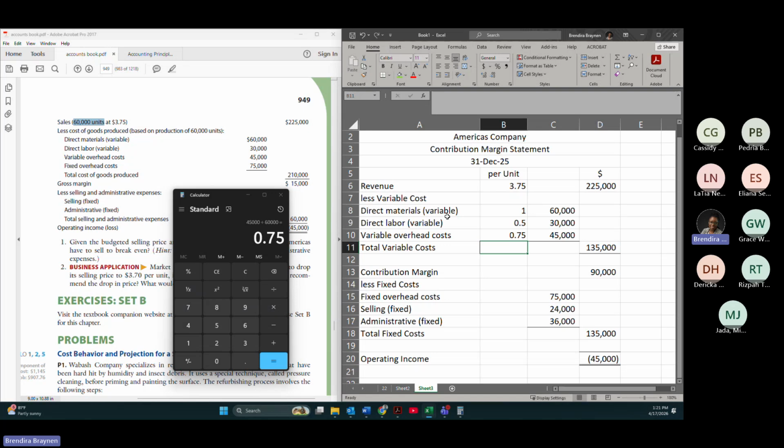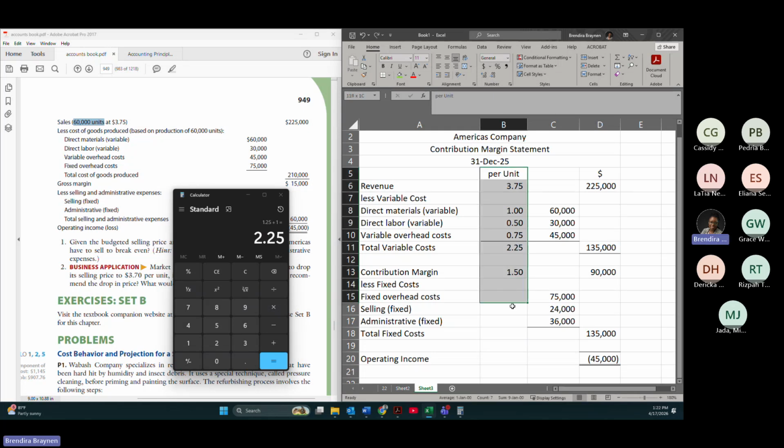In the end, my total variable cost is 75 cents plus 50 cents plus $1, so $2.25 is my total variable cost. And my contribution margin is still my revenue per unit, my selling price, minus my variable cost, $1.50.